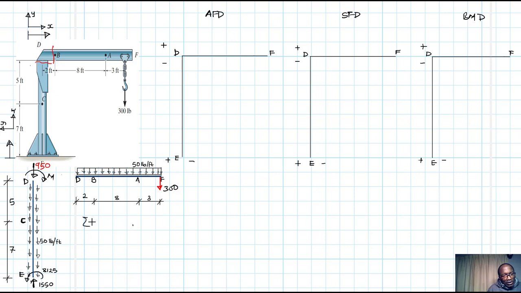If you apply summation of moments about point D equal to 0, with clockwise as our reference, this one is clockwise, so we have minus m plus 8125 equal to 0, therefore m is equal to 8125. We don't have any shear there in the column, so I will not even work on it. And the same applies to this.